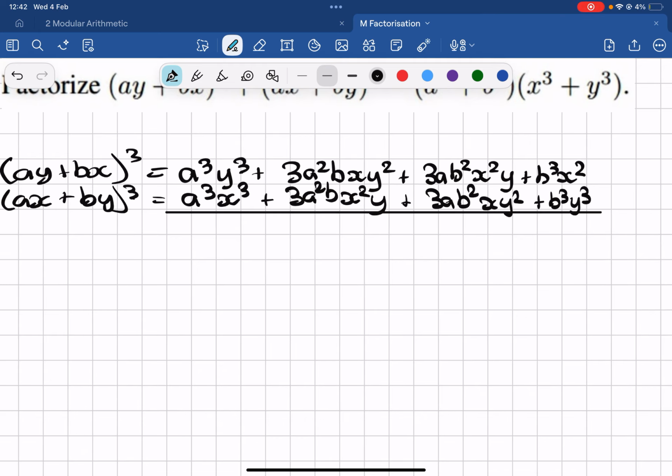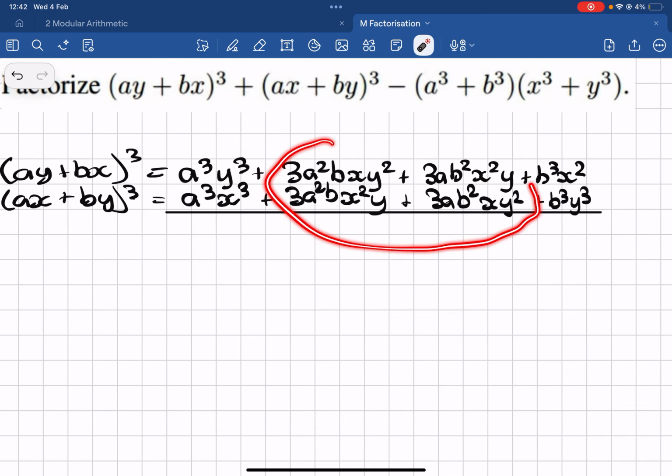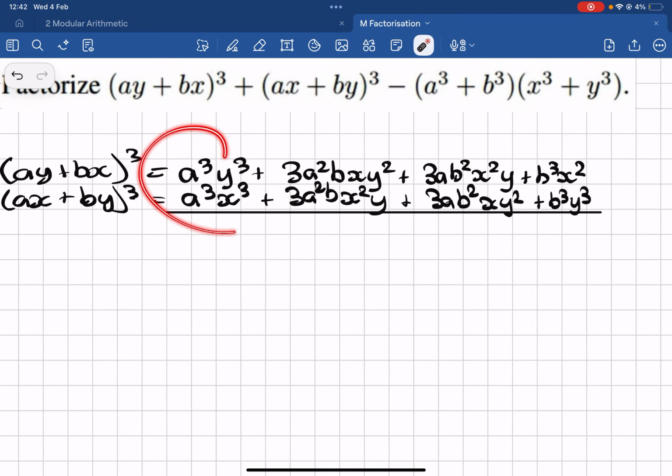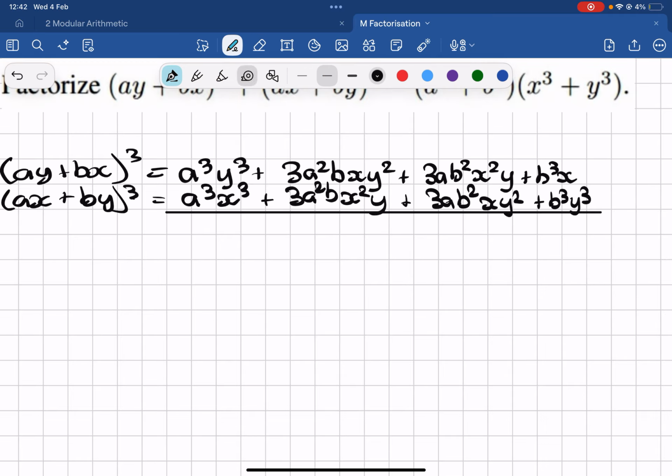What looks most similar? Well, these terms are very similar, so we can sort of group them, and these terms here, the first and the last, they also look quite similar. So let's start by grouping these four terms: a cubed y cubed, a cubed x cubed, b cubed x cubed, b cubed y cubed.